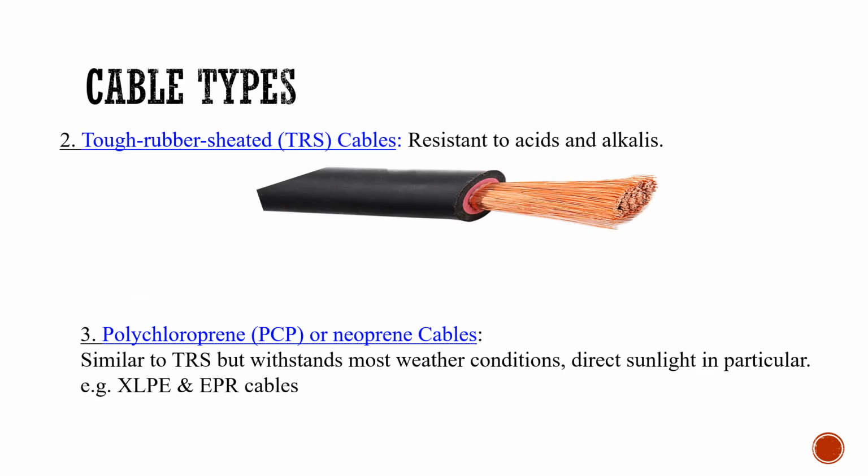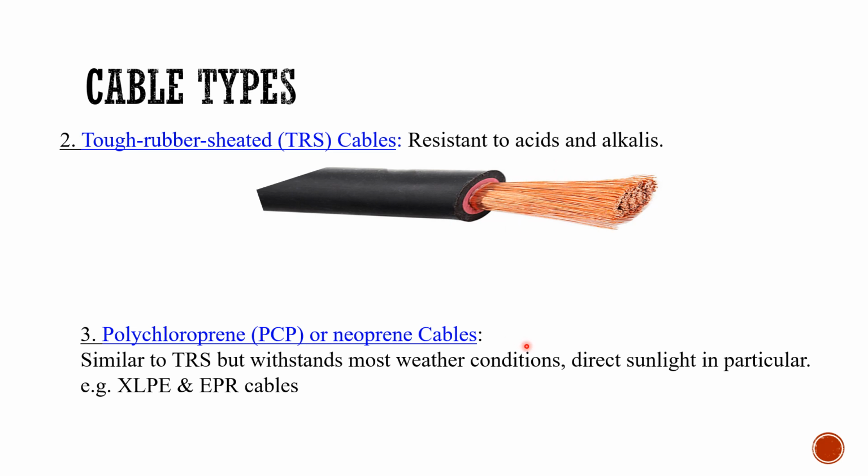The second type is the tough rubber sheeted cables, abbreviated as TRS. This cable is resistant to acid and alkalis. So if you want to use the cable where you're expecting some acid and alkaline solution, you go for this kind of cable.